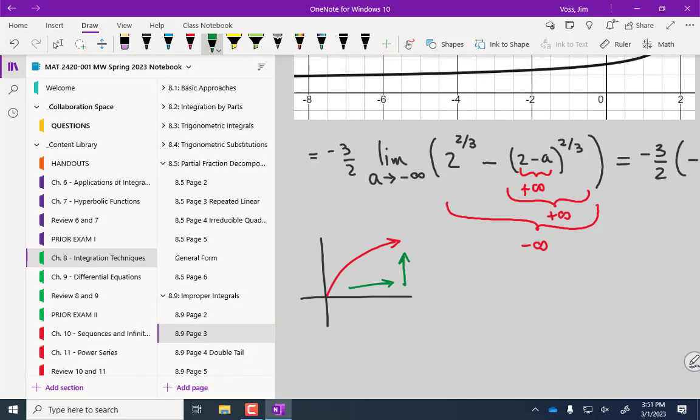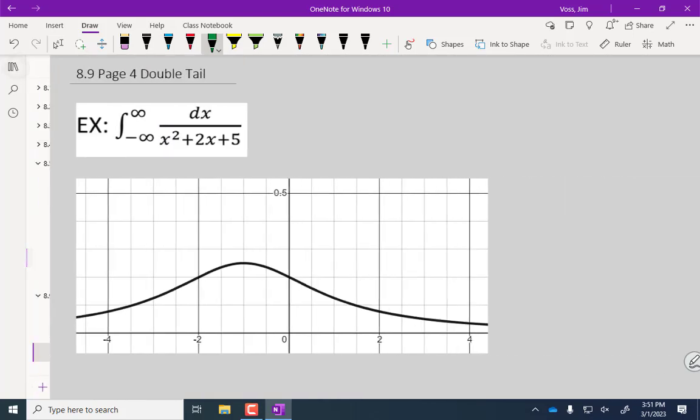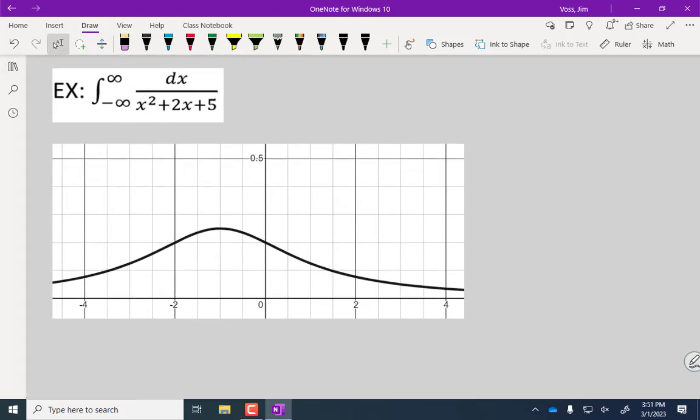Okay. Double tail. So if we have a double tail, this is really 2 problems built into 1. We have to separate it somewhere, and it doesn't matter where. But what's the obvious place to separate it? 0. If you're looking at the high point, that's a reasonable place.